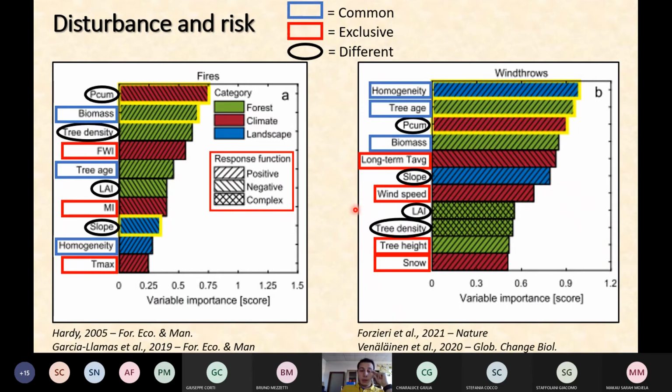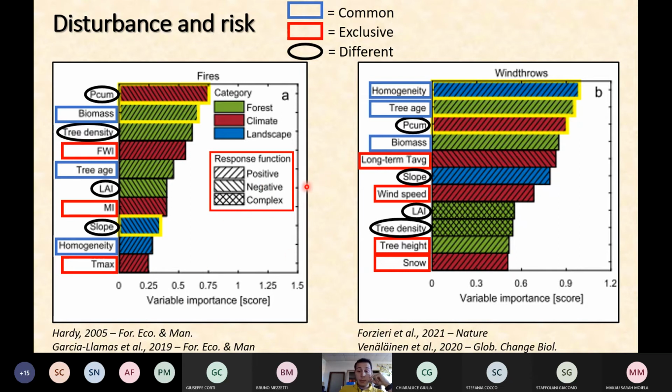In these two graphs, we can see a comparison between the fires and the wind throws, and how these two disturbances can be affected by a set of factors that can be common, exclusive, or different. The factors can increase or decrease the response of these two disturbances, with a positive or negative response of the function to the variable.